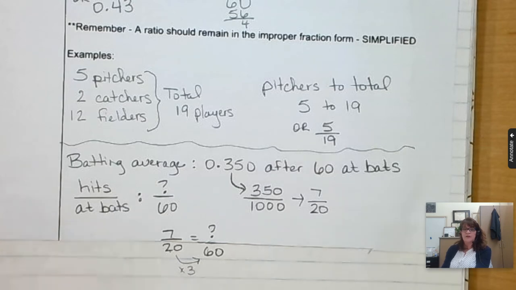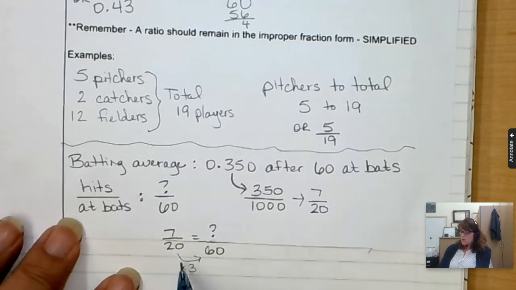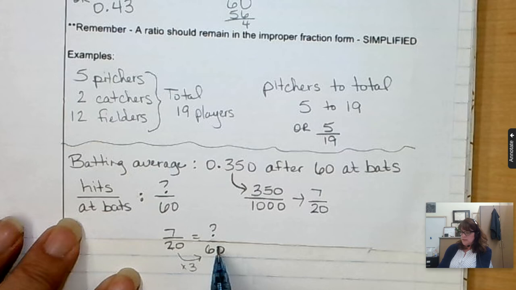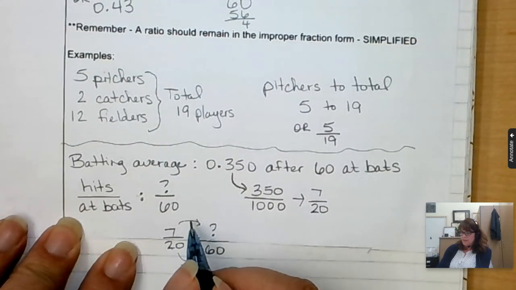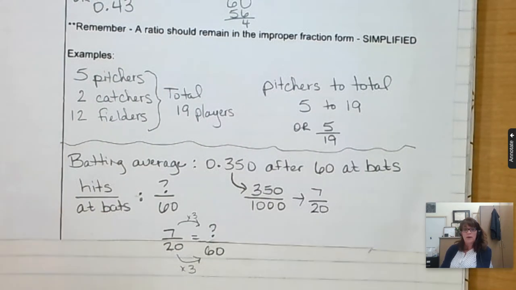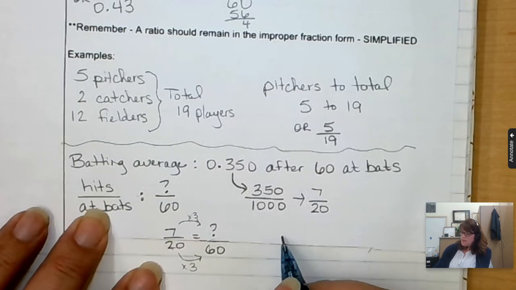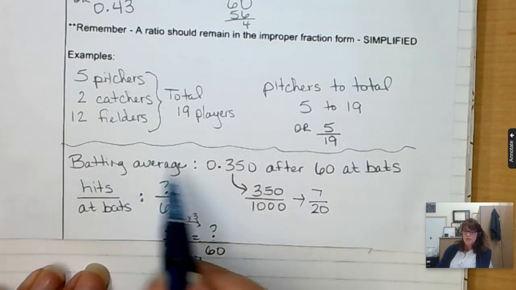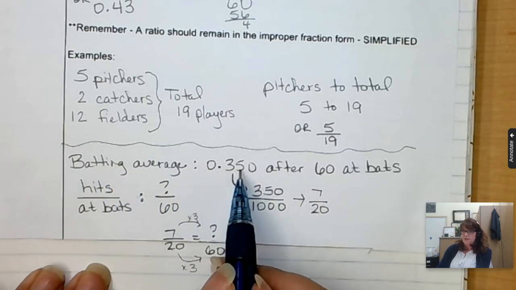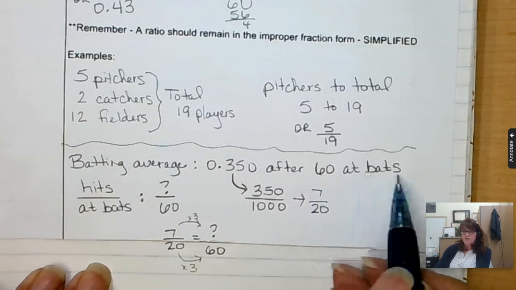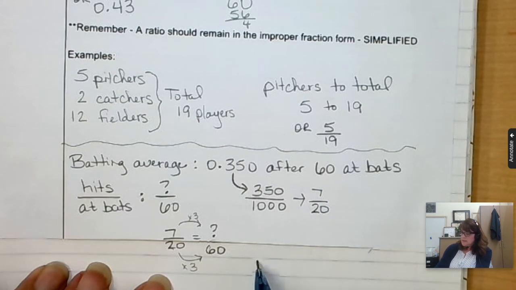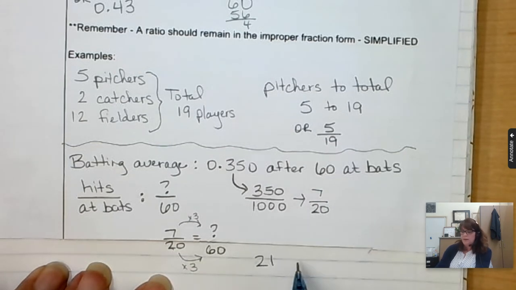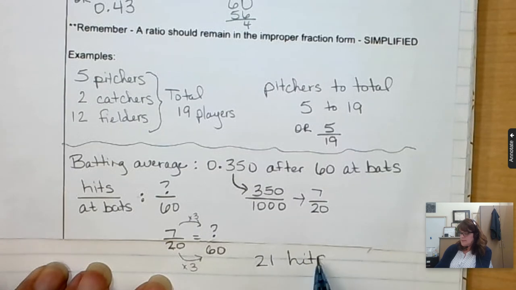Just multiplying and dividing, not adding anything. 20 to 60 times 3. Well, if I multiply that times 3 as well, because we're equal, that would say that this person with a batting average of 350 after 60 at bats had 21 hits.